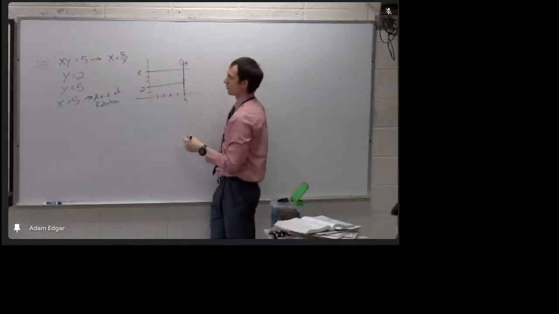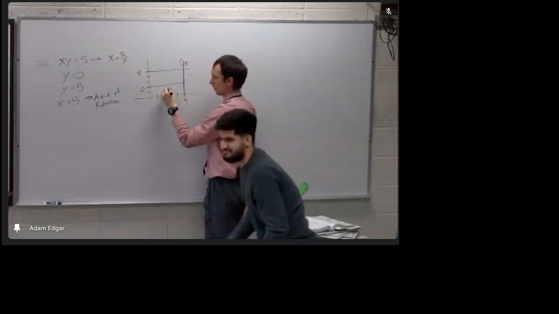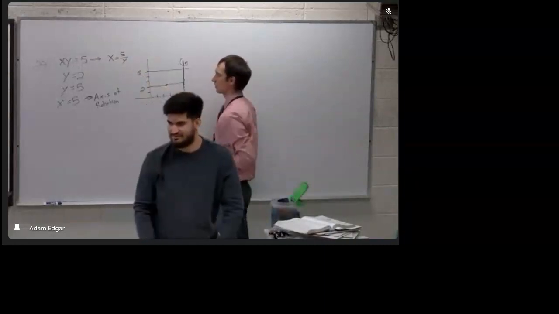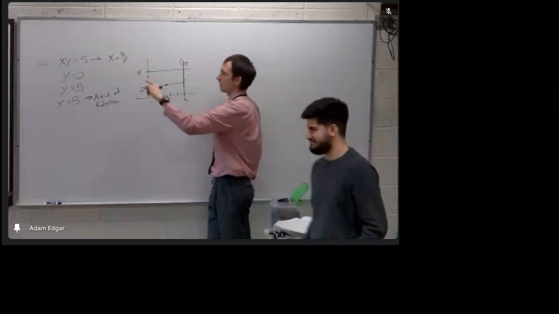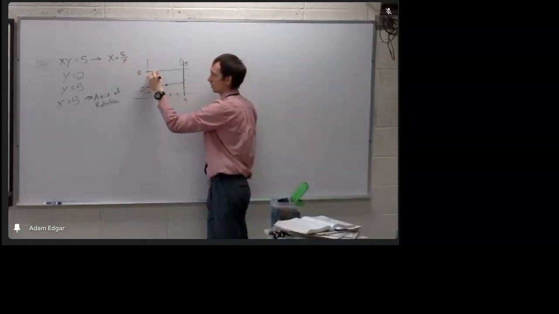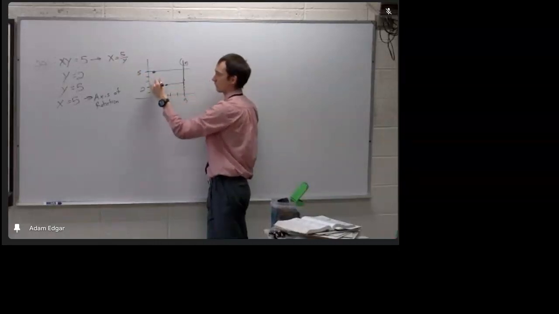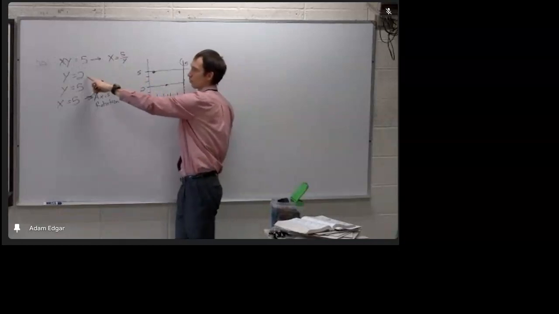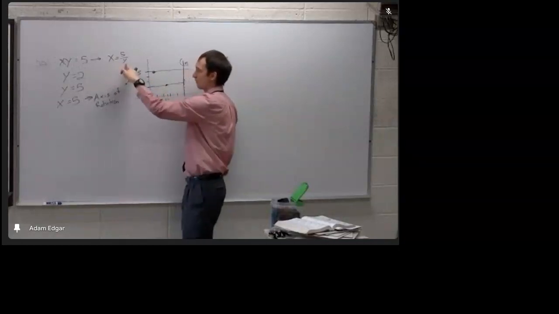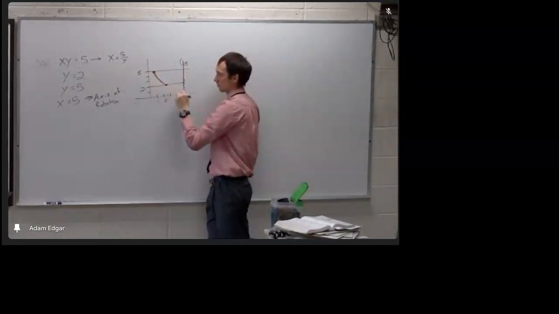So if we start with y equals 2, 5 divided by 2 is x equals 2.5. And then 5 divided by 5 is x equals 1. So if you plug in y equals 2 and y equals 5, that gives you points on the xy equals 5 curve.